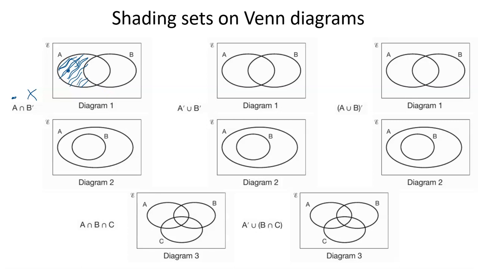Let's do the same thing for diagram 2. A is going to get a dot, and the whole of B is inside A. It's a subset, so this is also A, just like this bit of B was inside A, it's just that there isn't any B that isn't in A. So this is also in A, so it gets a dot. Not B is this bit, and this bit.